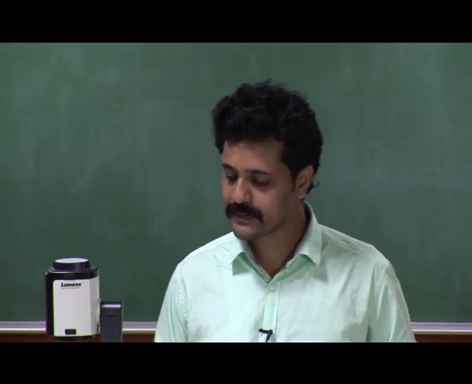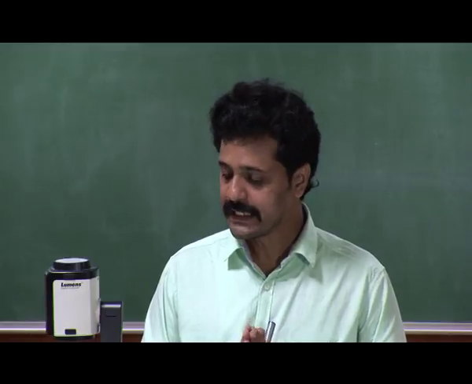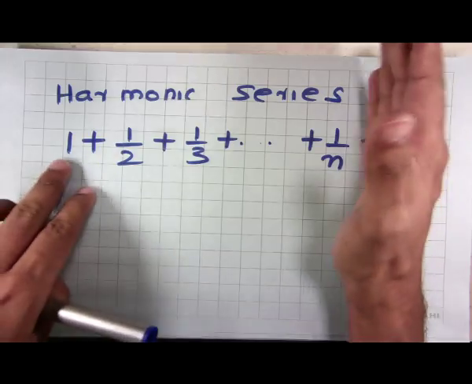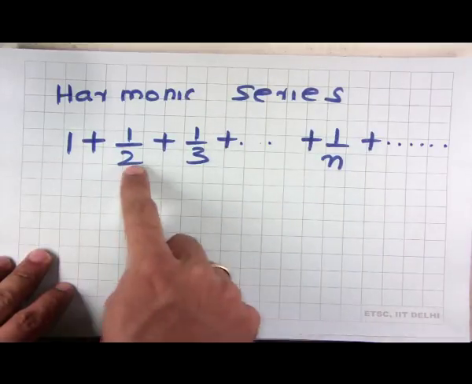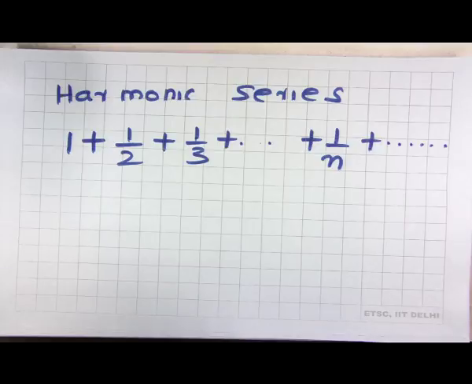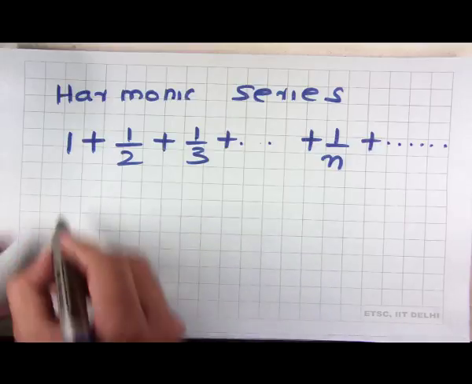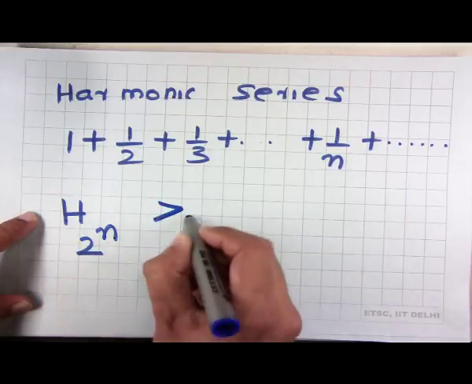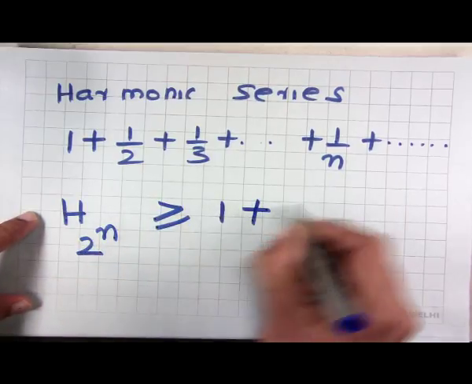Just now you have seen that if you chop up to nth term, 1 plus 1 by 2 plus 1 by 3 plus etc. plus 1 by n, that is called nth harmonic number. And you have observed that H of 2 power n is greater than or equal to 1 plus n by 2.